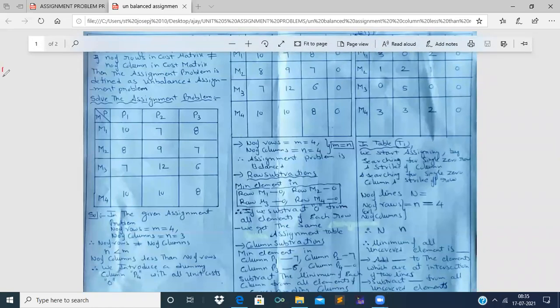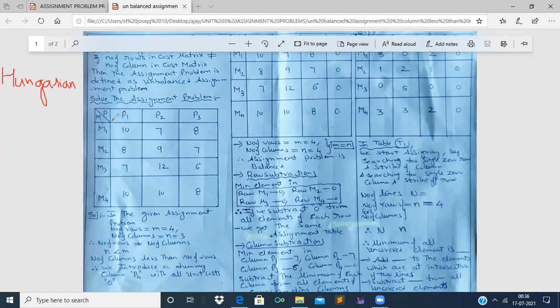Let me write here: Hungarian method. You have to remember it well. So we have to solve this assignment problem.